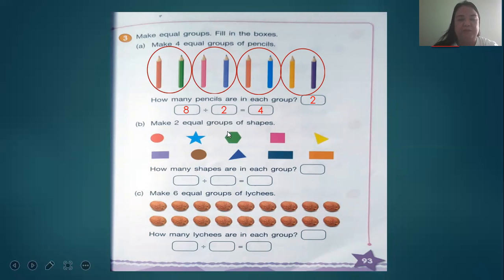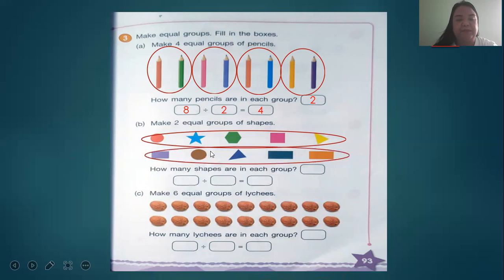So now, letter B. Make 2 equal groups of shapes. Let us count how many shapes there are. 1, 2, 3, 4, 5, 6, 7, 8, 9, 10. So now, how many in each group can we get from 10 shapes? Let's group them into 5. 1, 2, 3, 4, 5 in each group. That's the first group.